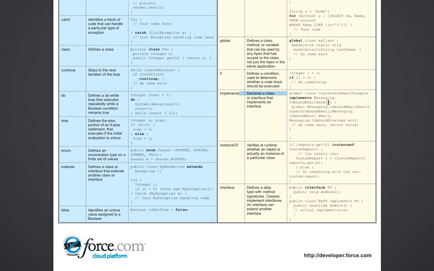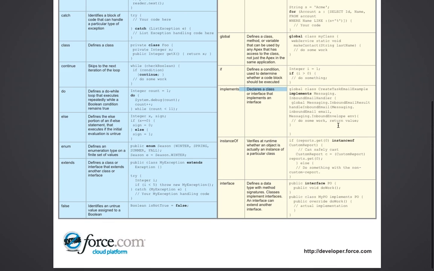Messaging.InboundEmailHandler is given by Salesforce to handle emails with other systems. If my requirement involves emails, I have to implement this in my custom class, and I can do it with fewer lines of code.